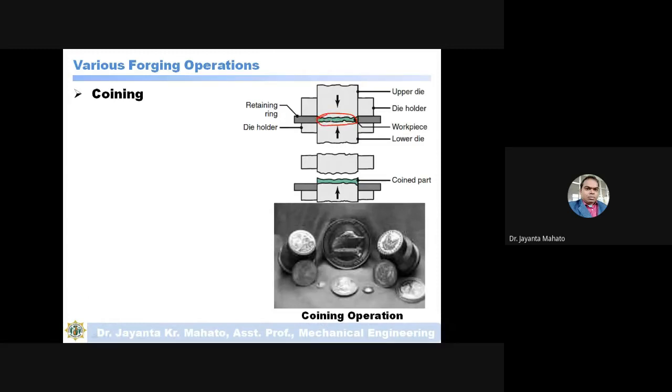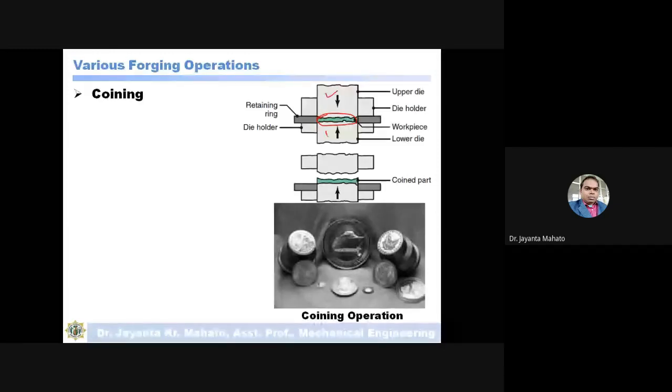This is the upper die and the lower die, and these two are the holders of the die. In the upper die, they make a replica, a mirror replica of the coin.